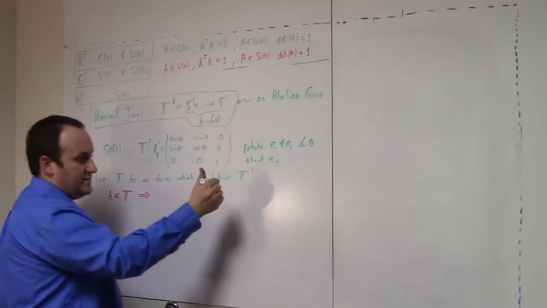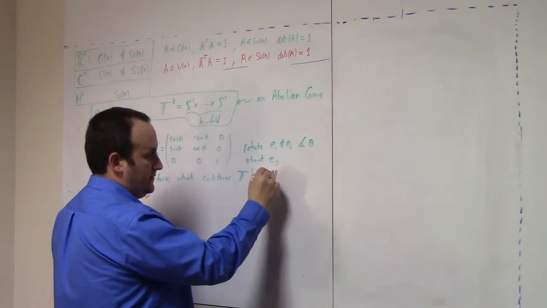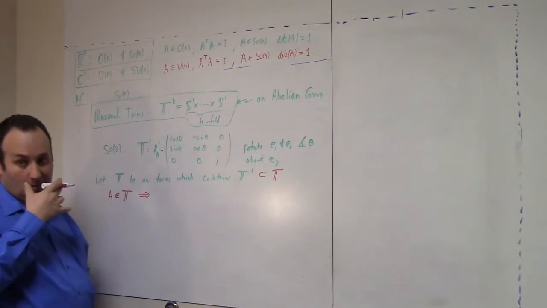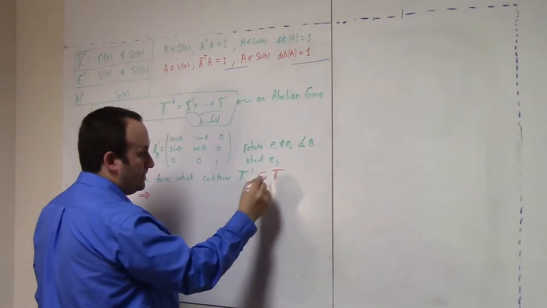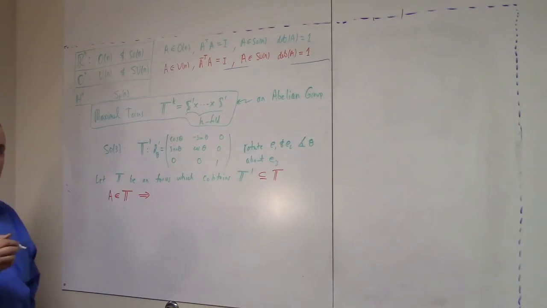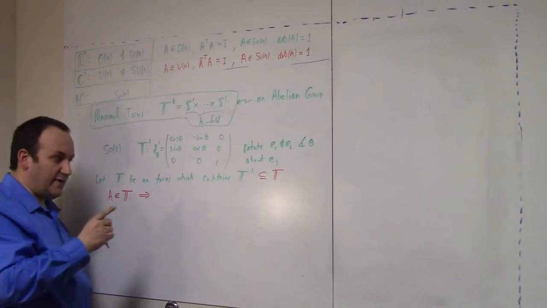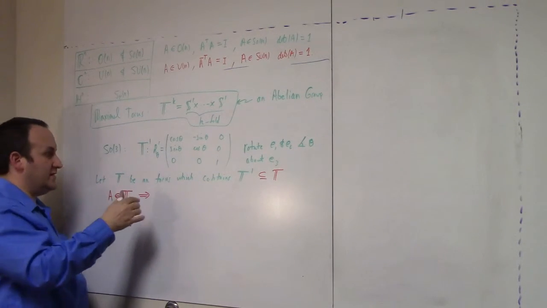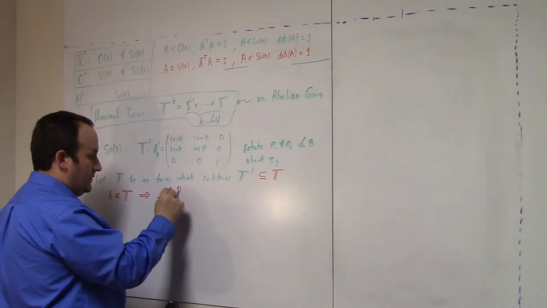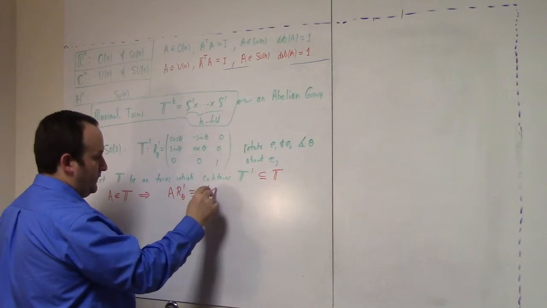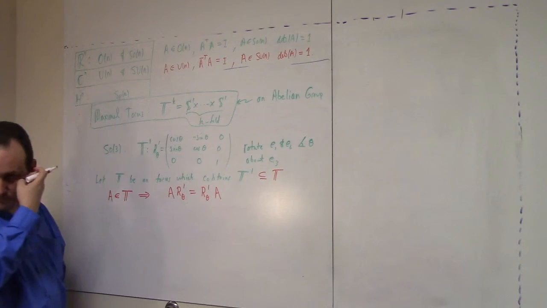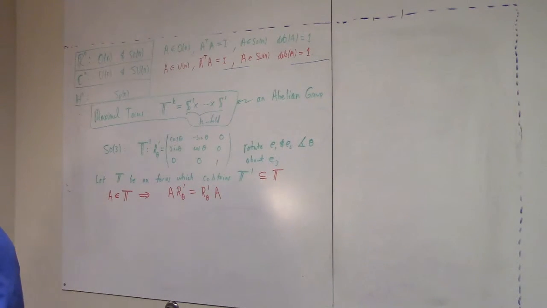We're saying that this is a subset of T, right? So it'll commute with T1. Right, it must commute with everything in T1. In particular, A must commute with this guy for arbitrary theta. Right? Does that make sense?